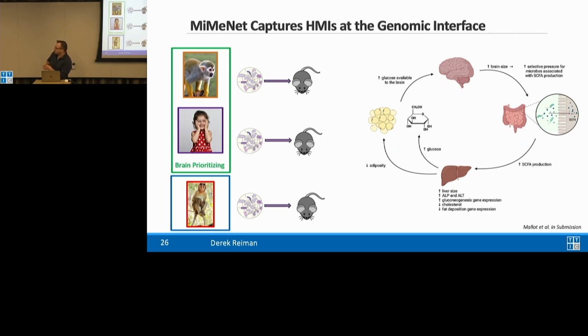The other, such as a macaque, shown in the bottom, is non-prioritized. They have a much lower energy requirement, but their brain grows at a much slower but more steady rate across their life. Their hypothesis was that the gut microbiome was being selected for in order to produce short-chain fatty acids, which in turn promote gluconeogenesis and production of glucose for the brain.